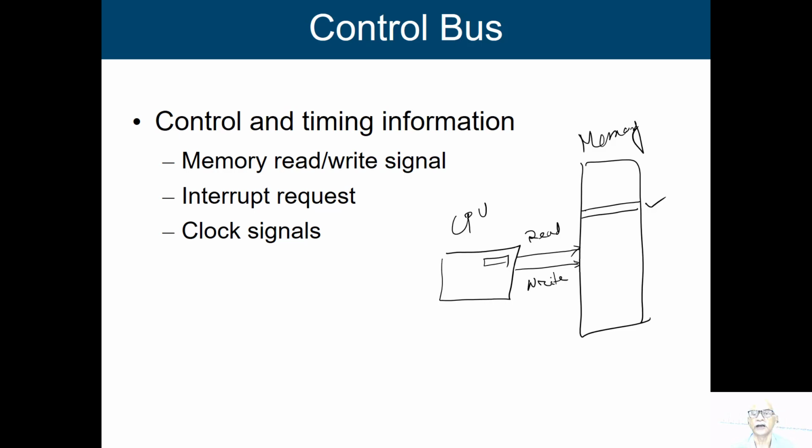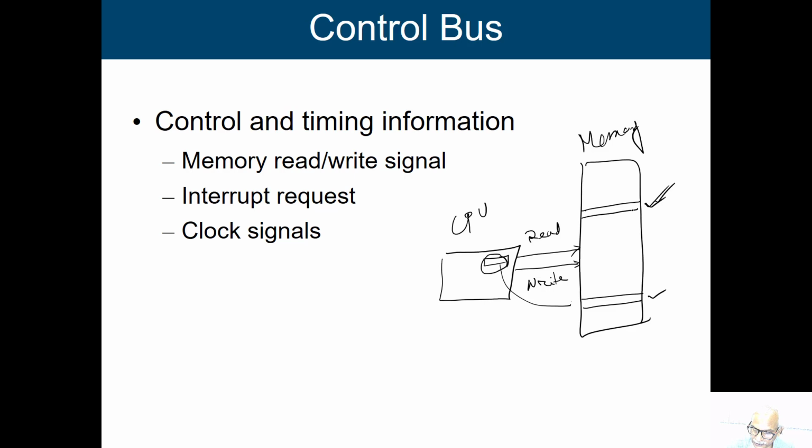This write control signal will indicate that whatever information we have in a particular register inside the CPU, we are going to write it into some other memory location. So, such types of control signals we have. Like that we have interrupt request, clock signal, and we are going to discuss all those things. Some control signals or timing signals will all go through this control bus.